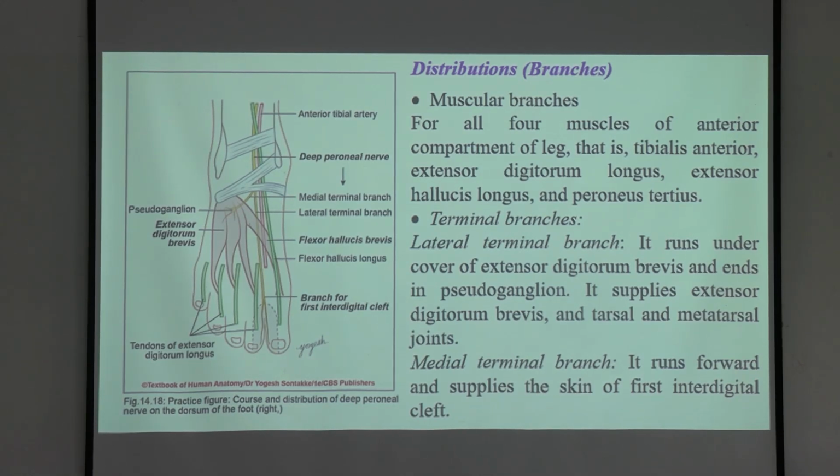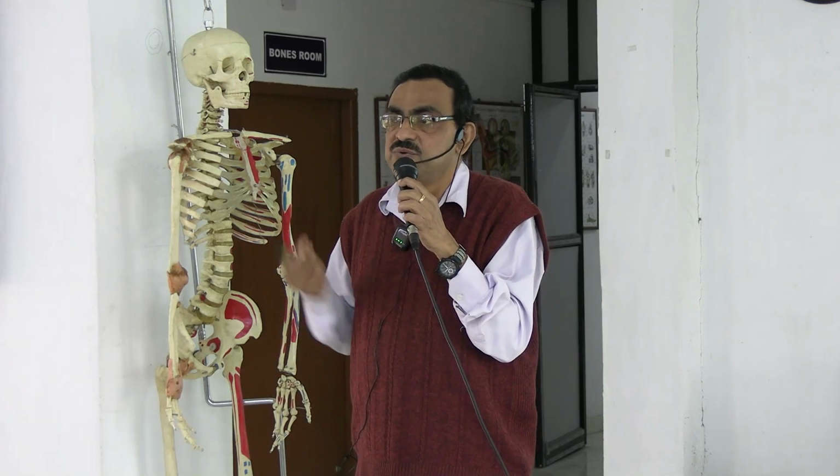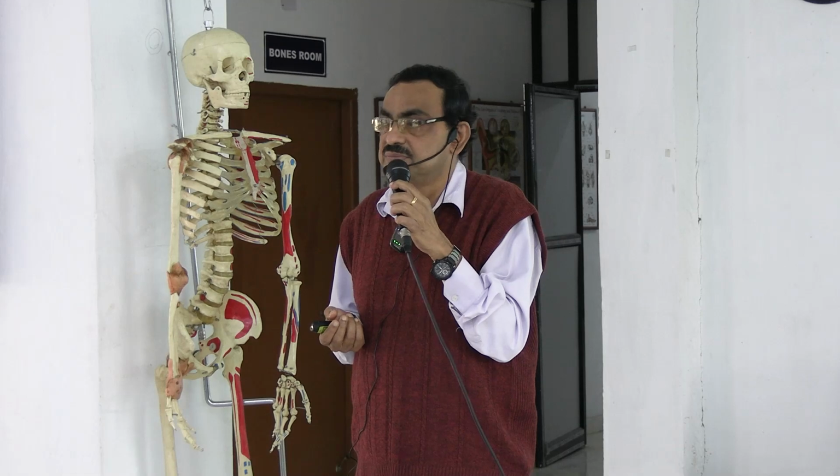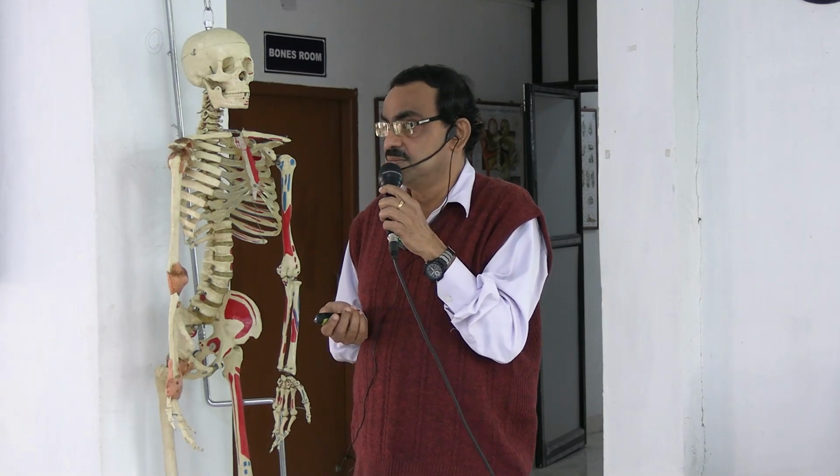I told you that you have seen a pseudoganglia in the median nerve. There are some pseudoganglia in different parts of the body. You can find one pseudoganglia in the median nerve in hand. You can find a pseudoganglion in the axillary nerve, which supplies the teres minor muscle.